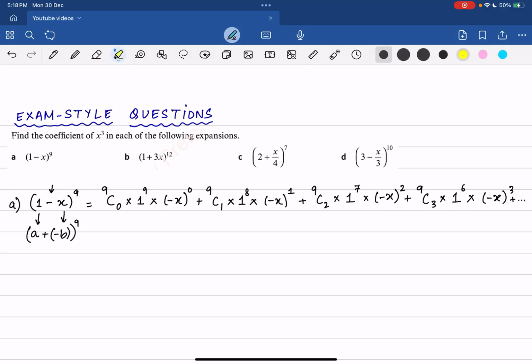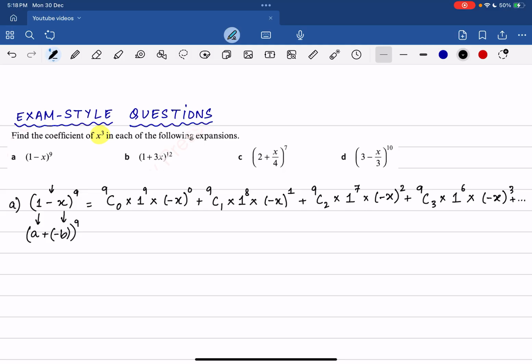Now if I read this question, it says find the coefficient of x cube, which means I don't have to expand it beyond x cube. Don't you think I am going to reach x cube at this point only? So I don't have to expand it further. In the exam also, please read the question carefully. Whatever coefficient they are asking, you expand it only till that value, not beyond that.